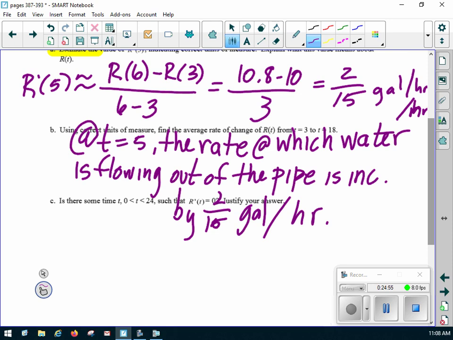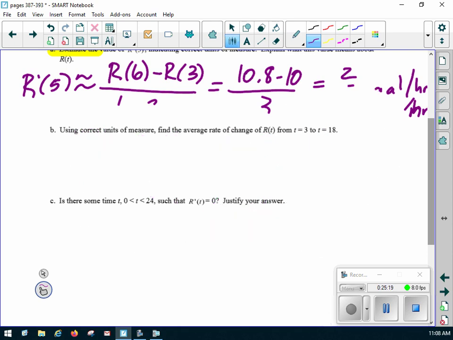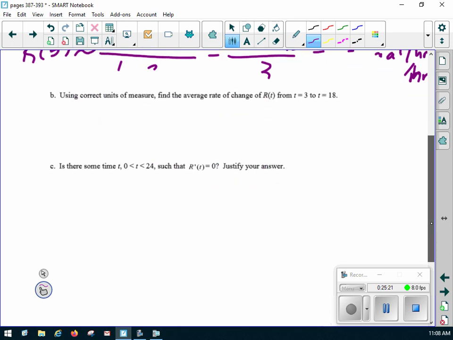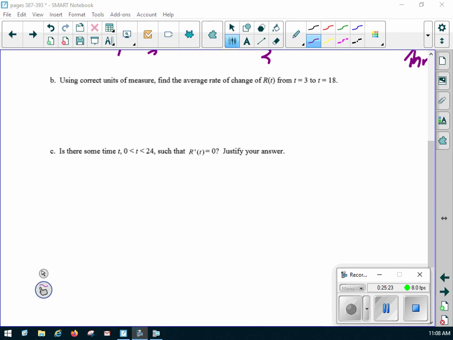That was brought up at one of the courses that I went to, and many teachers prefer to use per hour per hour, because that makes more sense than per hour squared. But you absolutely can write hours squared. Understand? All right. Well, we're moving on.